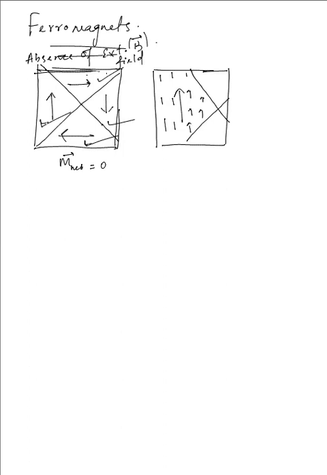They were directed, but this area has increased as compared to the others which have decreased. The net dipole moment here was like this. Here the area has reduced considerably, and here the area has reduced as well. Gradually, on applying the external field, as you can see, they are aligning themselves along the external field.